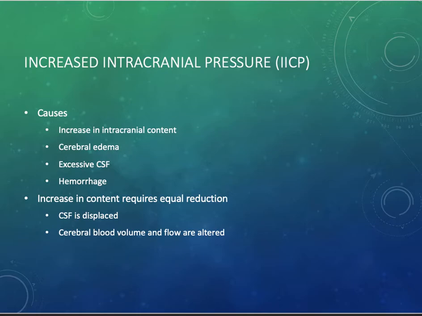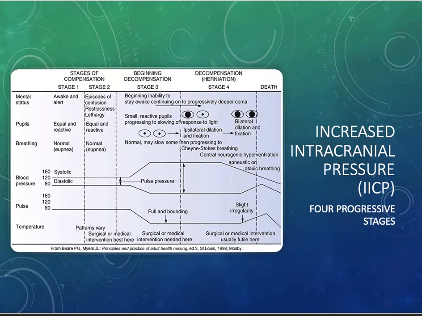So typically, if somebody has increased ICP, we are not going to be able to tell at first, okay? So note on this chart here, we've got all of the stages of increased ICP. If you look at stage 1, the patient's awake and alert, pupils are fine, breathing's fine, blood pressure's fine, heart rate's fine, okay?